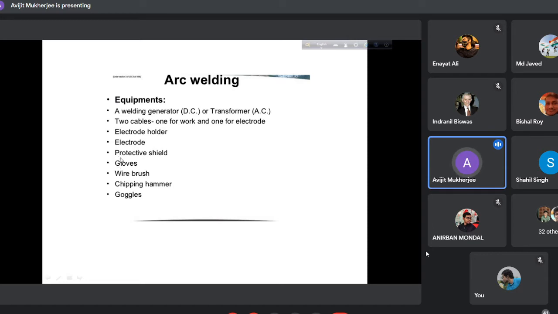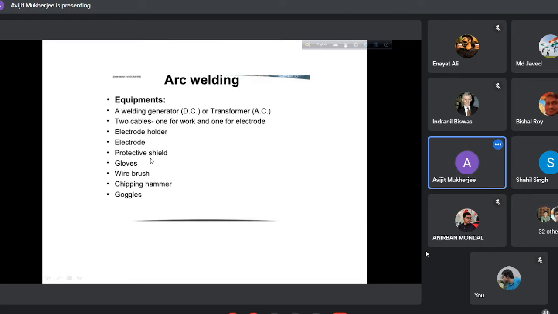These are also very important devices in the case of welding: the protective shield and gloves. This protective shield is a blue glass through which you should observe the flame or the welding position, what is going on, because you should not look directly at the weld area, particularly the arc weld area, with your naked eyes.